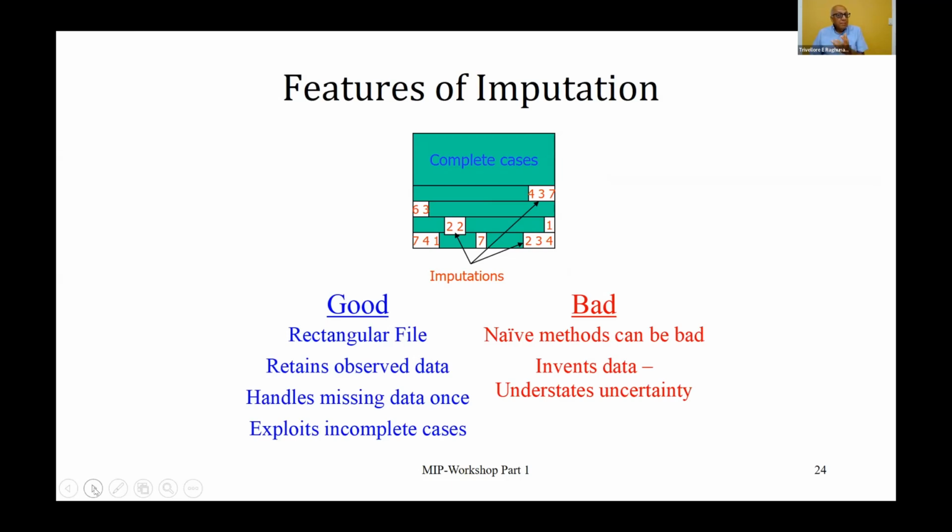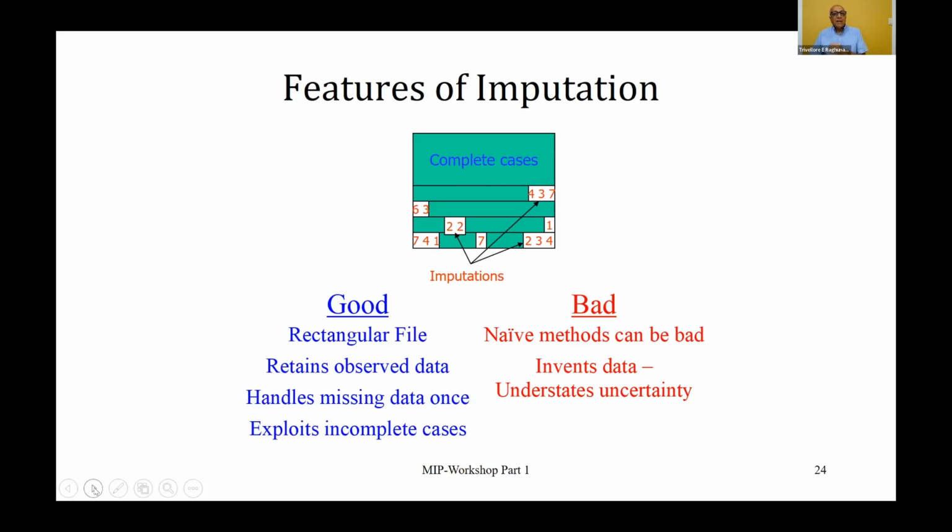Now, the bad feature is that naive methods can be bad. I talked about mean imputation and last observation carried forward, which rest on unrealistic assumptions, and therefore those naive methods can really be bad. They invent data, in the sense that you can't treat these imputed values as true values.